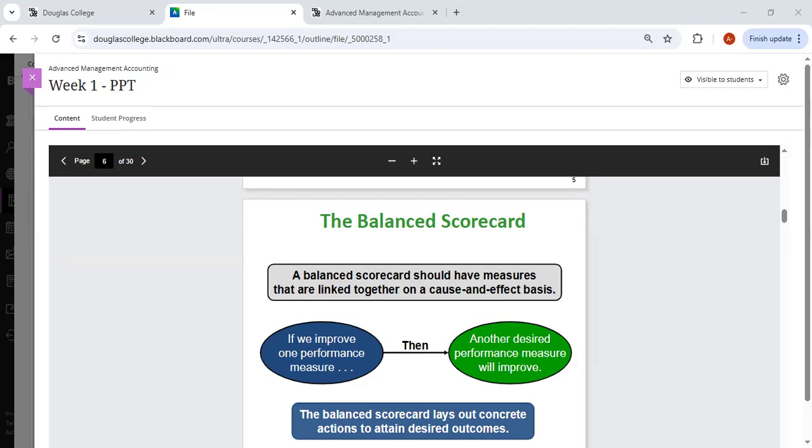If I do that with the customers, how is that going to affect me on the financial side? That's your cause and effect analysis. And that balance scorecard is going to give you the foundation and how to get the desired outcomes.